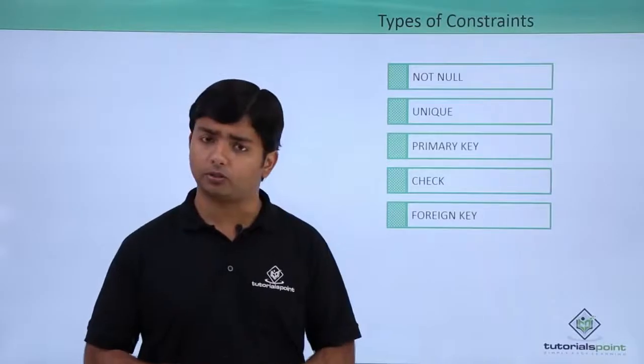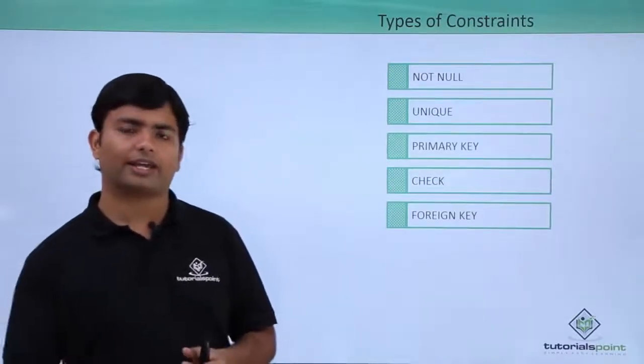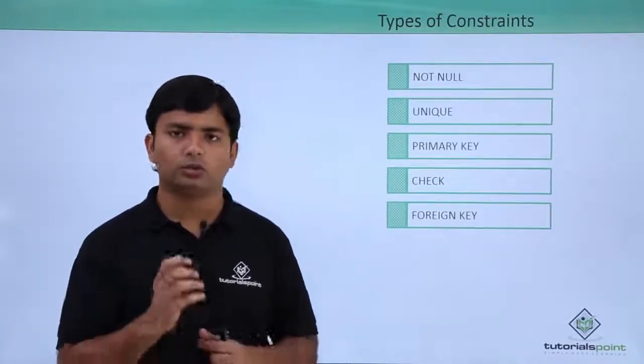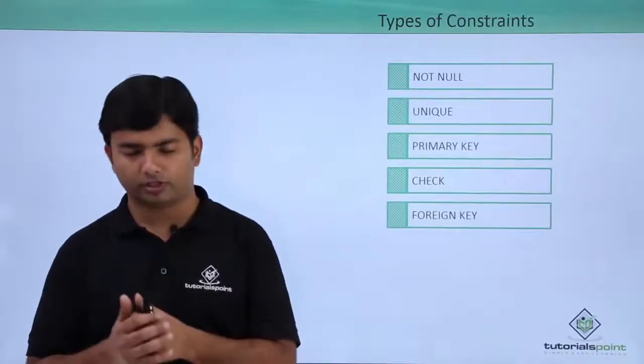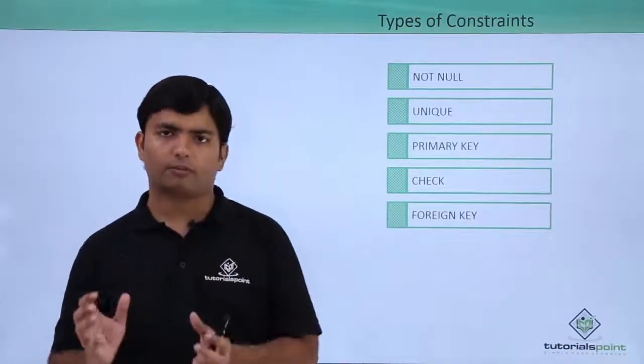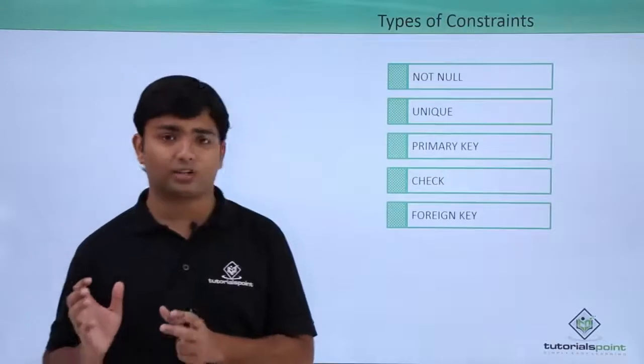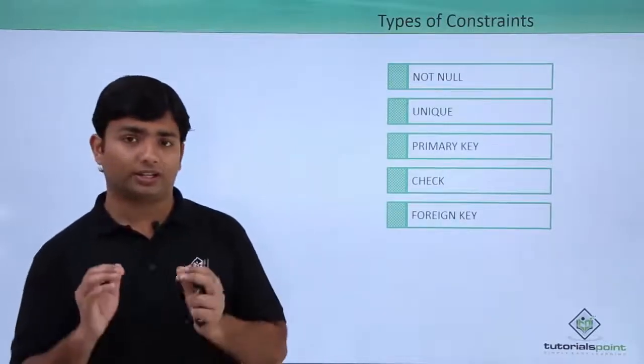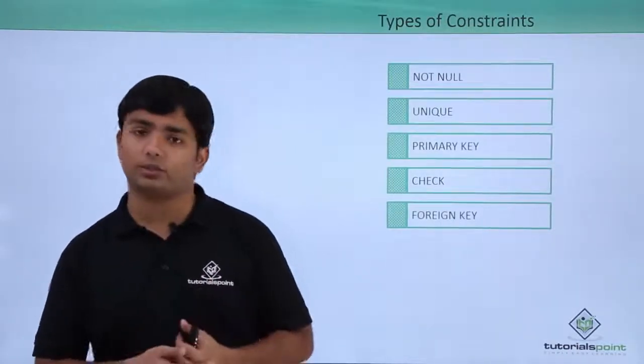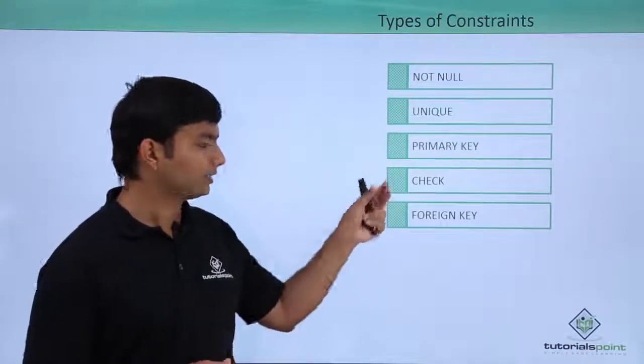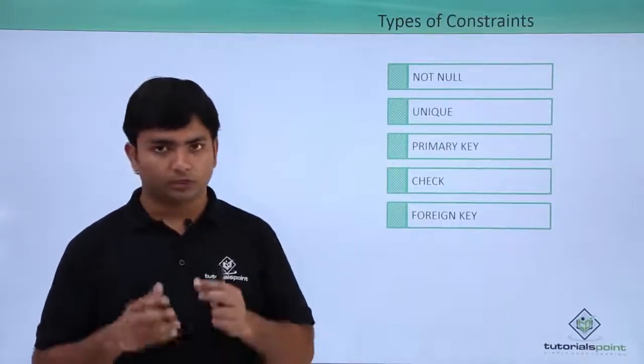Check constraint will be used when you want any incoming value to satisfy a particular condition. For example, if I have a column called salary and I don't want any value less than 5,000 to be entered into it, I can pass a check constraint.